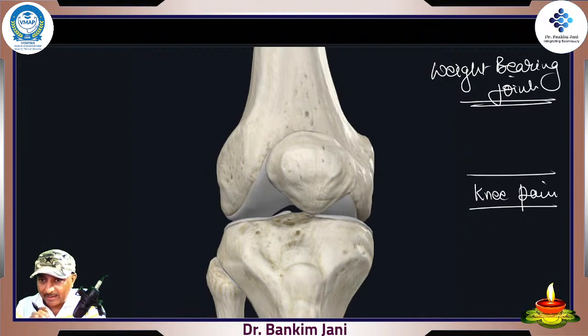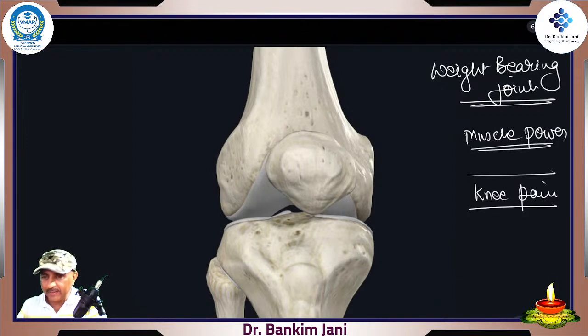Now, why does that knee pain come? If it is occurring, that means this joint is compromised. It is compromised because your muscles are weak. So if those who have knee pain improve their muscle power, the moment the muscle power improves, you'll find the knee pain disappears.